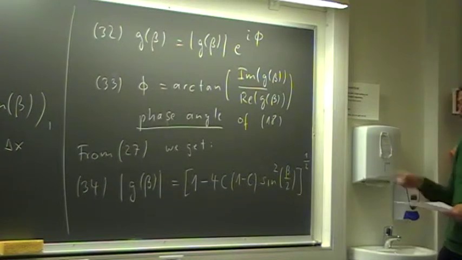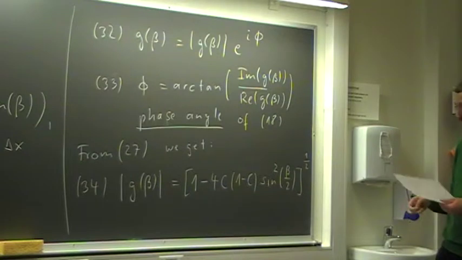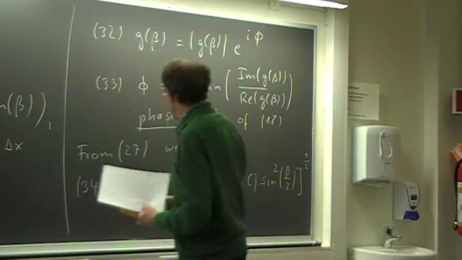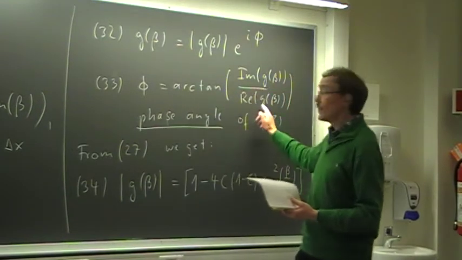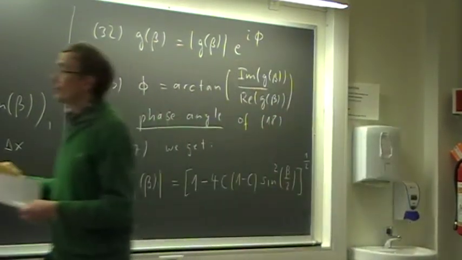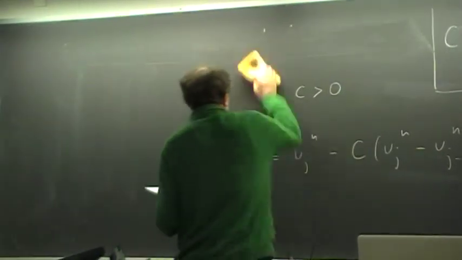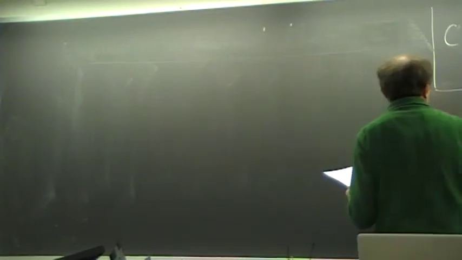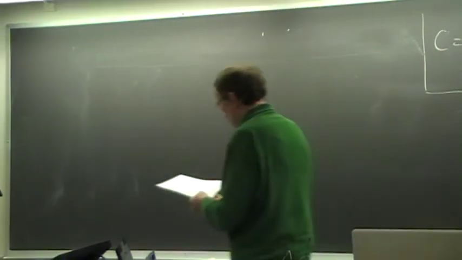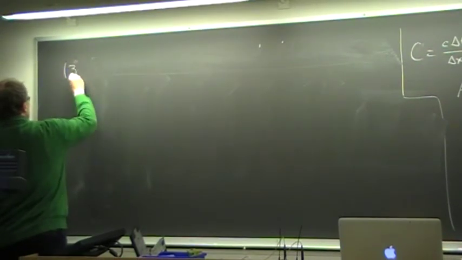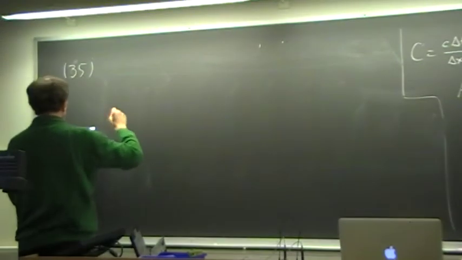But before that, we also want to see what the phase angle is. So here we have the modulus of the method, but we also want to see the phase angle. So we have to compute it here. And we find the following. It is for the phase angle.